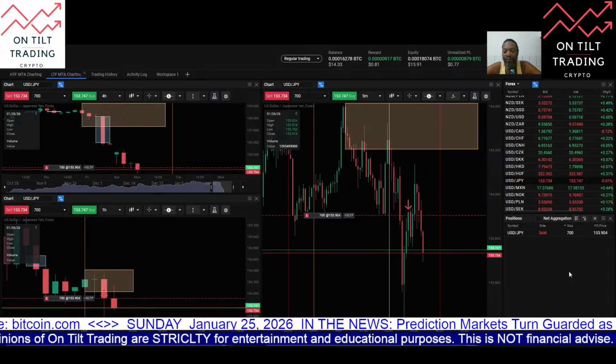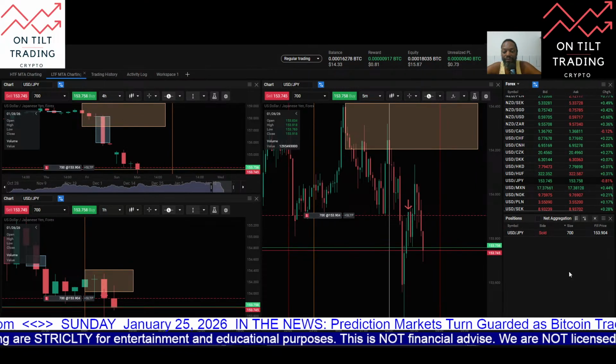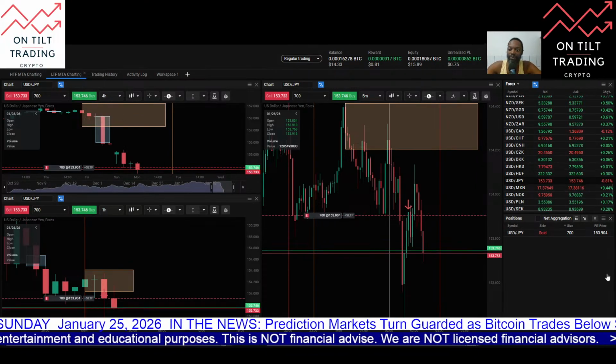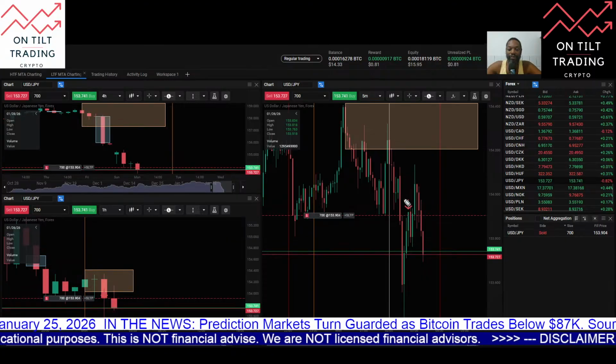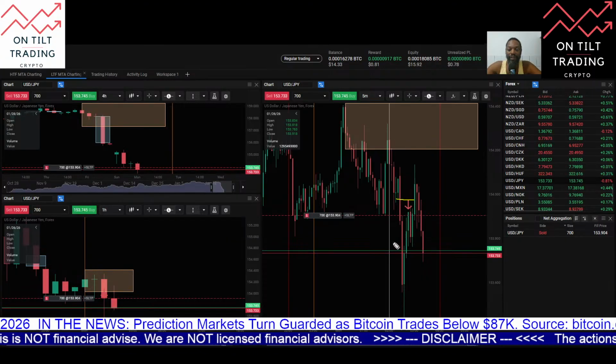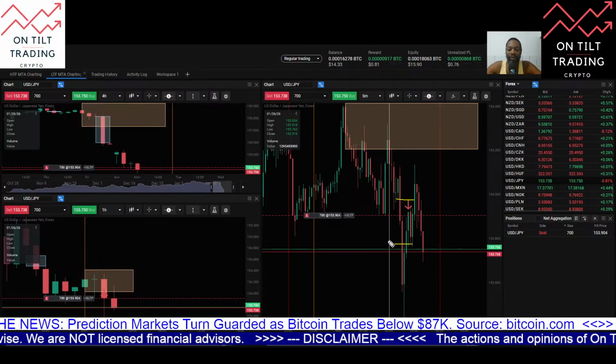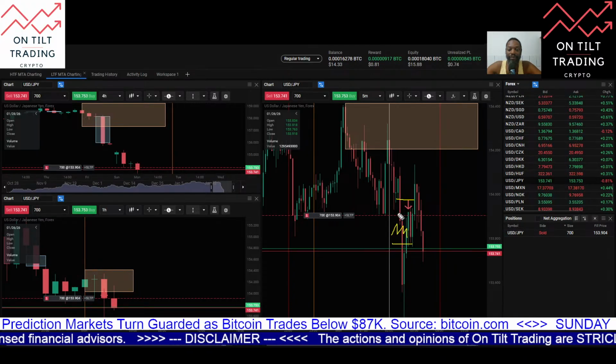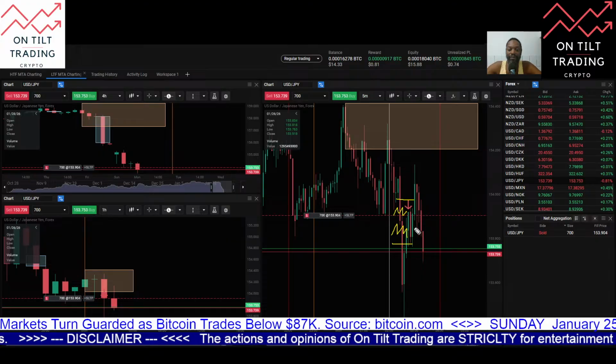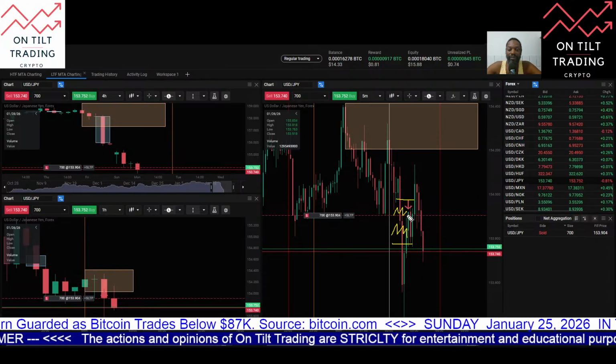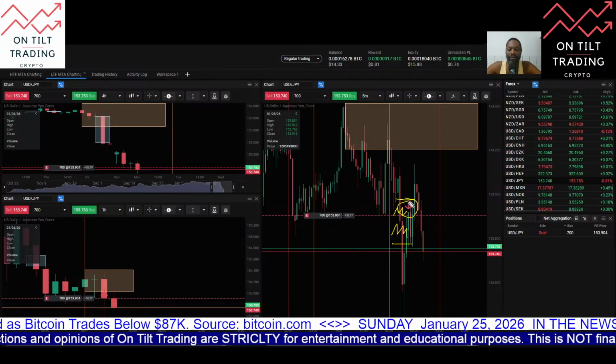so they're being left behind, and this gap is forming, similar to this larger gap here that formed where I took my entry, where there are two fair value gaps here, one there and one there, and you can see I take the entry in the upper gap here.